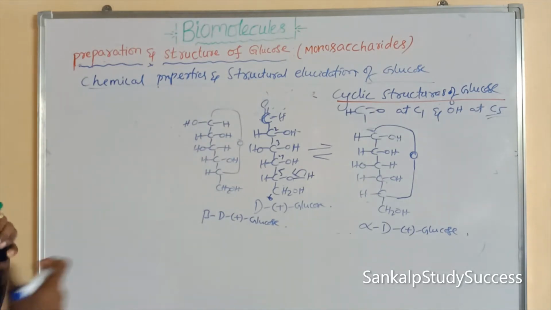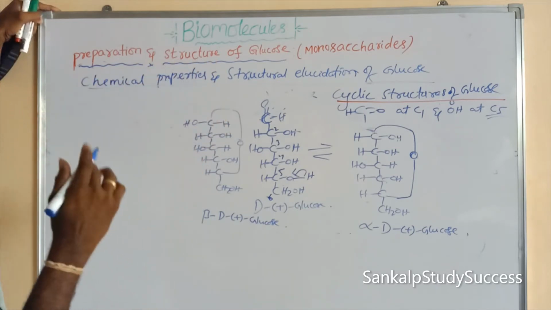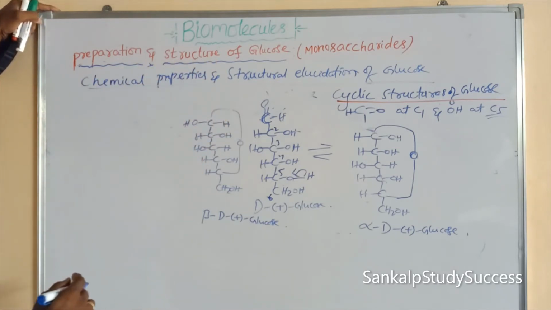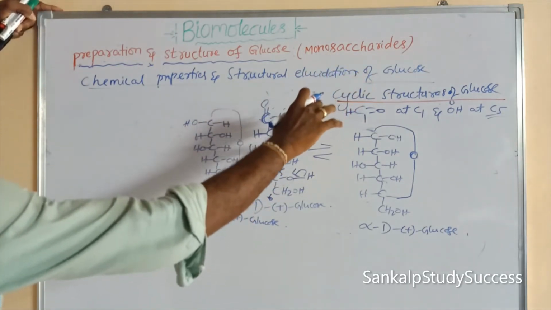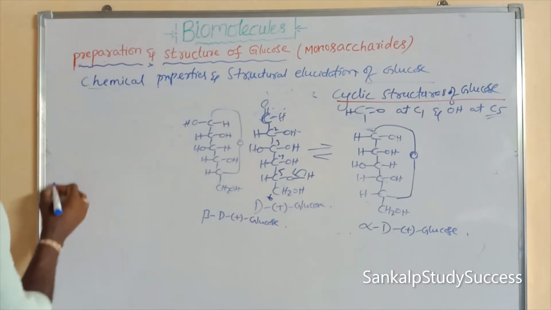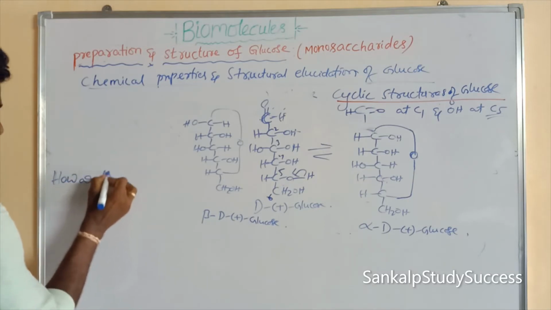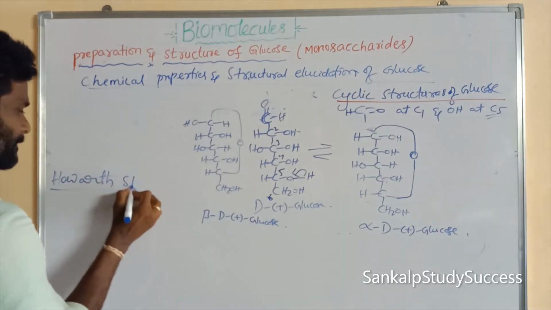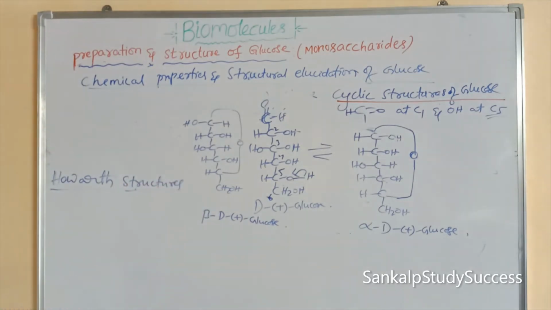Now, Haworth proposed a new ring structure for these two isomers, the Haworth structures of glucose, right.